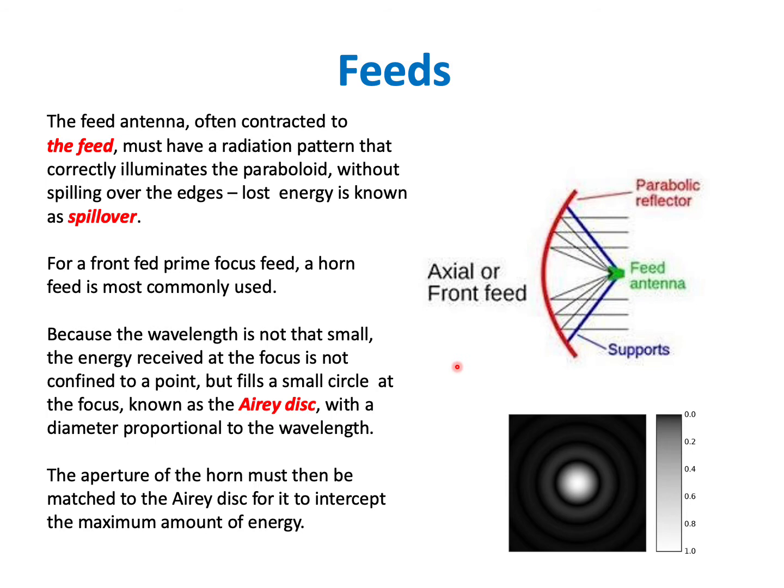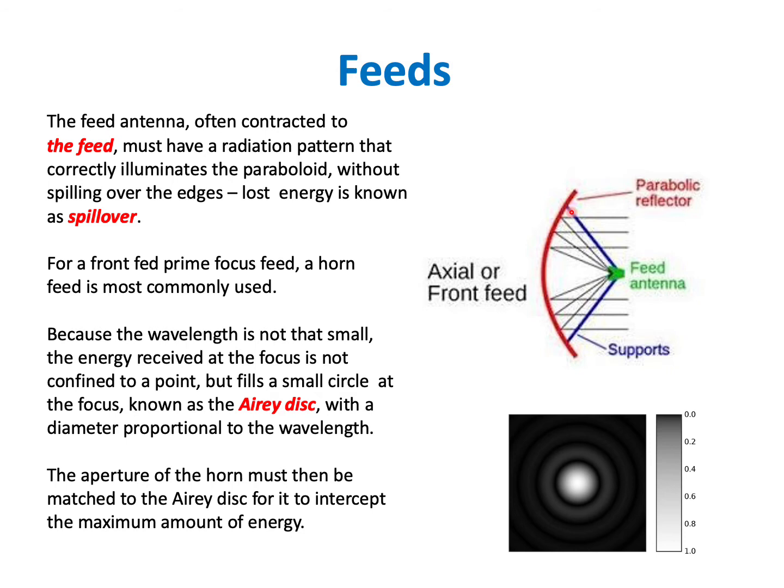Okay, so we have our parabolic main dish focusing light, but now we need to collect that light. So this is done with a feed antenna, or just a feed. That feed needs to illuminate the surface. It needs to be able to see the surface of that dish so that it can pick up that radiation.